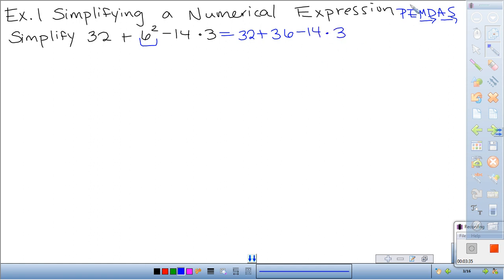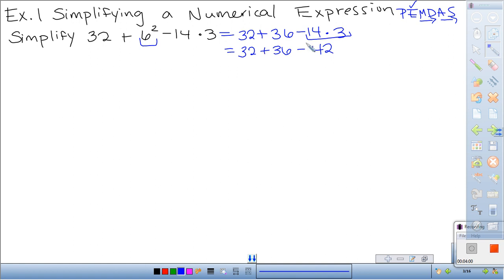Now that we've done our exponents, you can even put a little check mark if you'd like. We move on to the next set, multiplication division, in which we work left to right. We have addition, subtraction. Finally, we have some multiplication. So that's the next thing I'm going to do, 14 times 3, and everything else stays the same. 32 plus 36 minus 42.